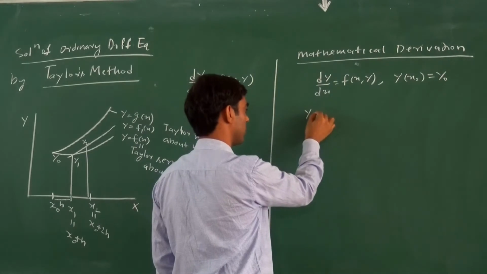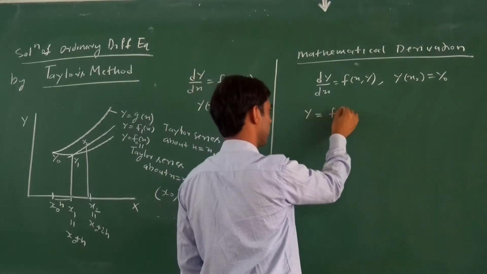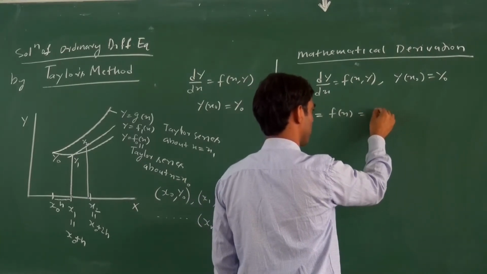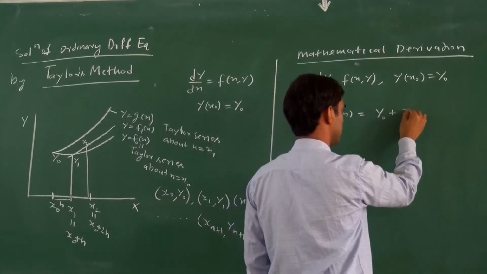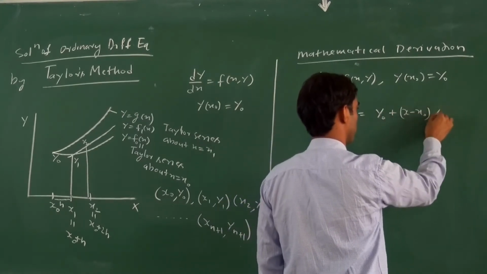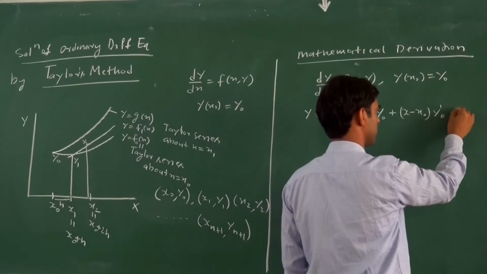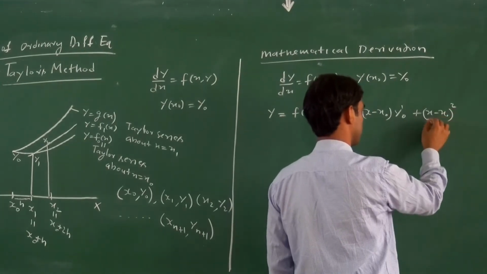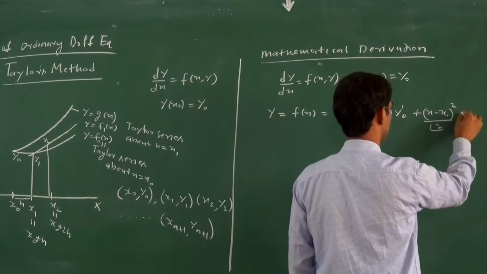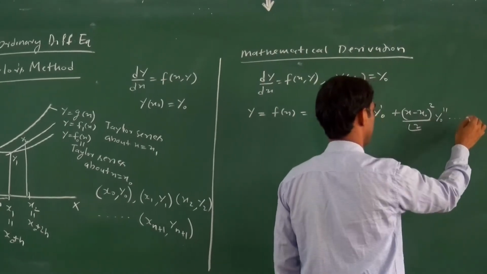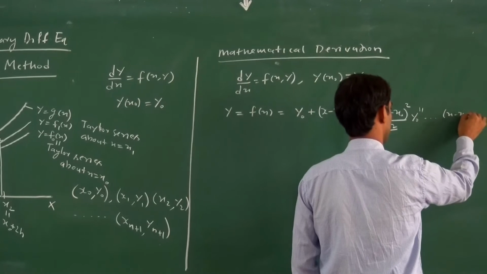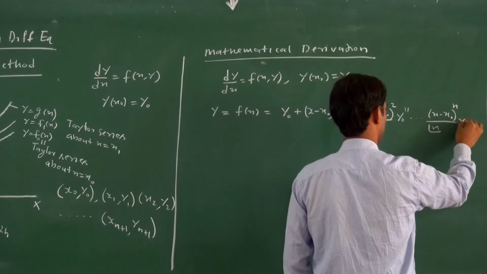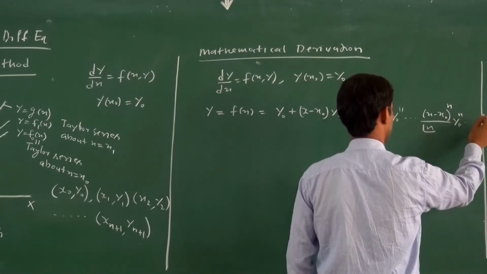Suppose y = f(x) = y0 + (x - x0) y0' + (x - x0)^2/2! y0'' + ... + (x - x0)^n/n! y0^(n), and how many terms?